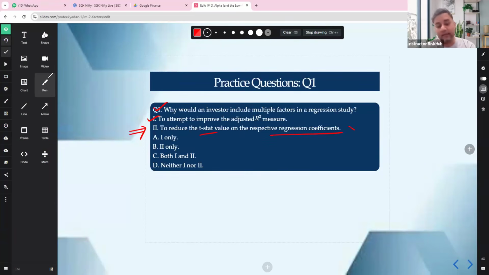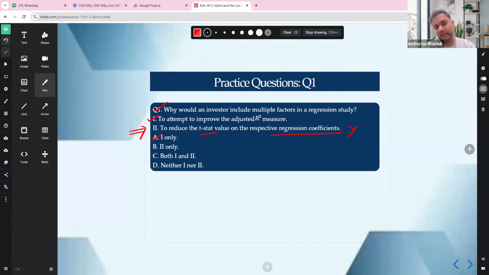I'll tell you why. When you get a better model, you have better explanatory power. That improves the statistical significance. So generally the t-stat is higher, not lower. It improves the t-stat value on the respective regression coefficient because a better model, with better explanatory power, often improves your statistical significance. So remember that.